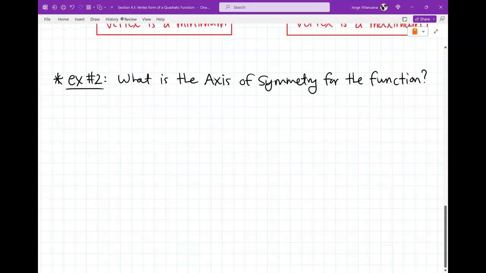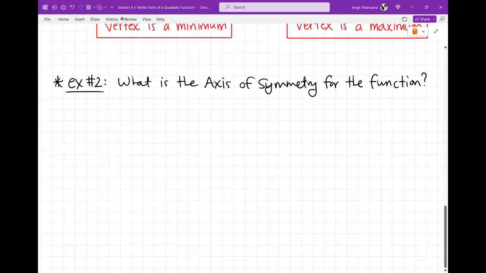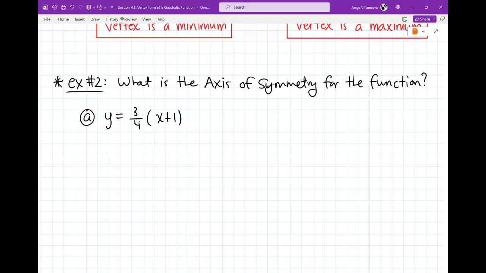I'll give us 2 here. A, y equal to 3/4 absolute value of x plus 1 quantity squared minus 6.